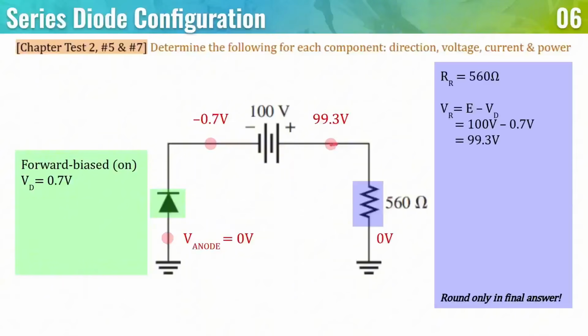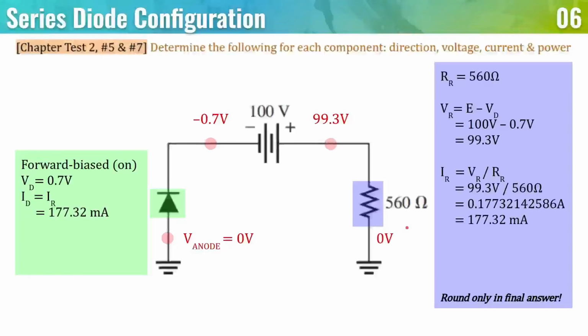And then from 99.3, it's going to flow in this direction using conventional current to the 0 volts, or to the ground. So using that 99.3 volts divided by the resistance, 560 ohms, is going to yield 177.32 milliamperes.